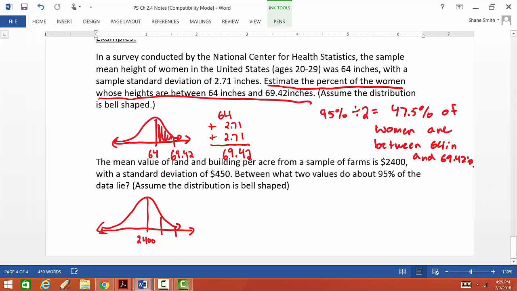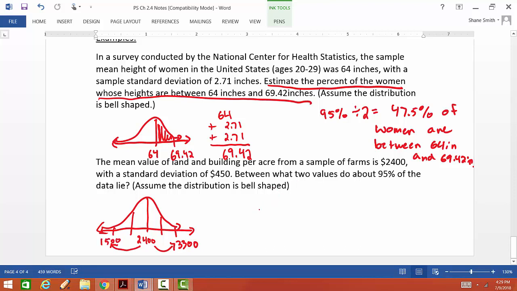If I add 450 twice, that is $900 because that's 450 times 2. So I'm going to add $900 this way, which would be $3,300. And I'm going to subtract 900 this way, which is $1,500.